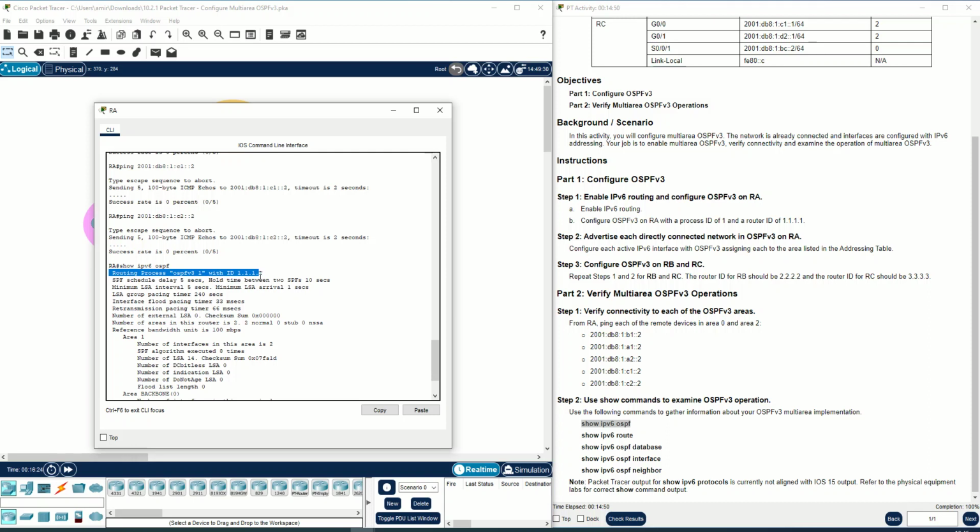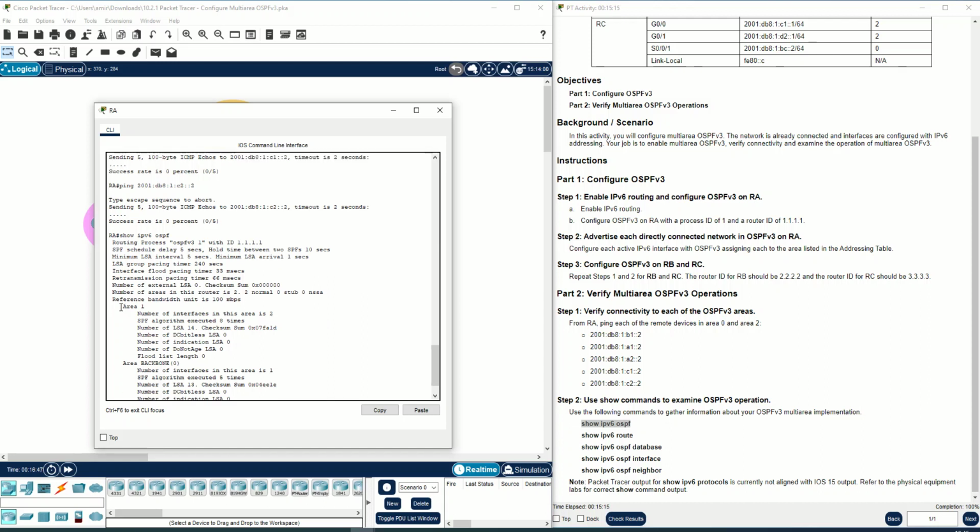Process ID is 1, and we have used OSPFv3 because we have configured IPv6, and this is the SPF delay, and some information like LSA interval, minimum and maximum interval, and some useful information, right?